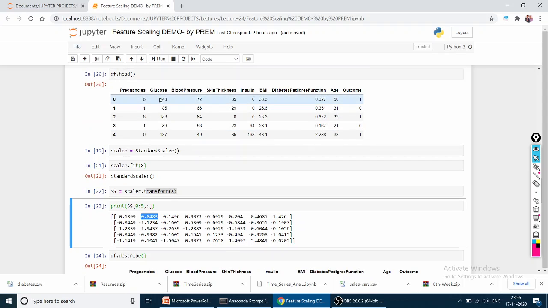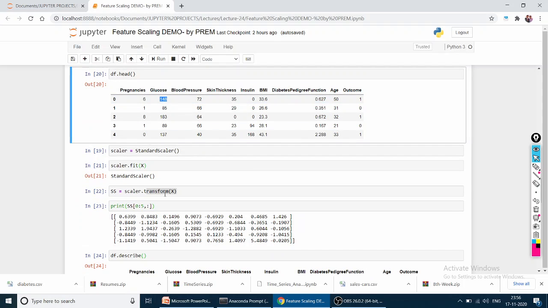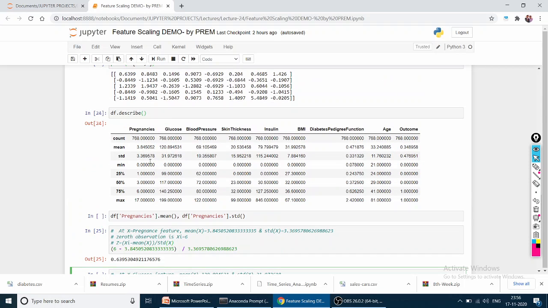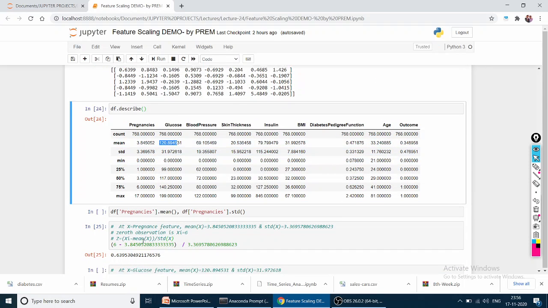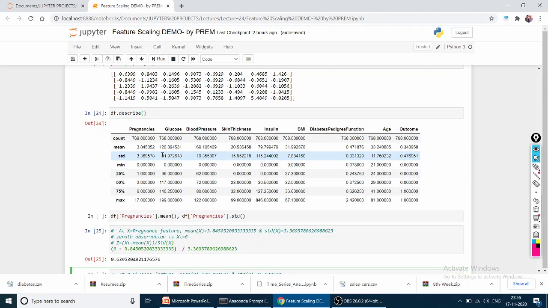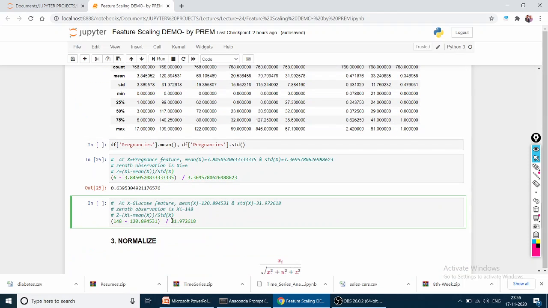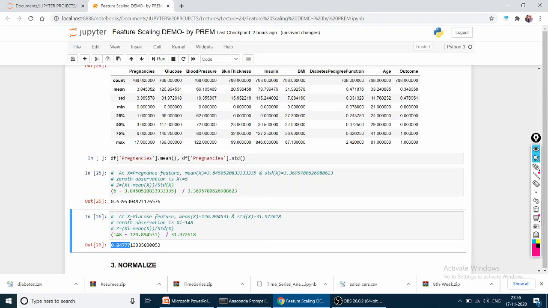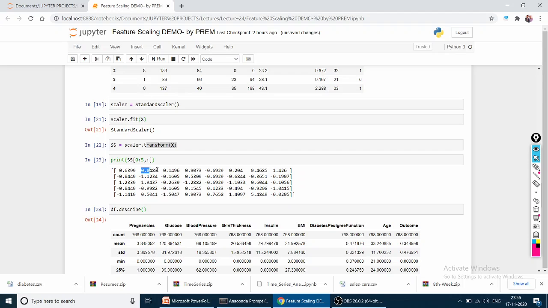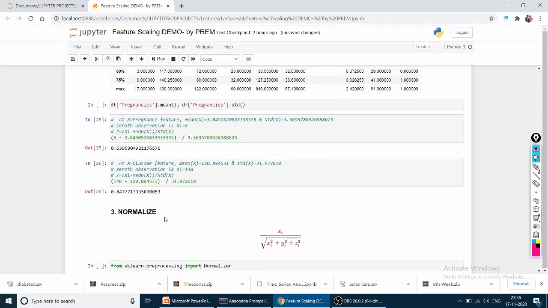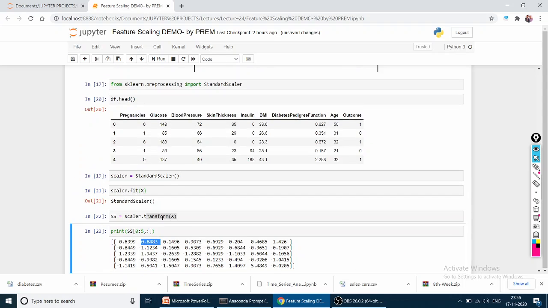Here the xi value is 148, and the mean of the glucose is 120.89, with standard deviation 31.97. If you calculate this, you get 0.8477, which is the same as 0.8483. In this way we are supposed to calculate the standard scaler.